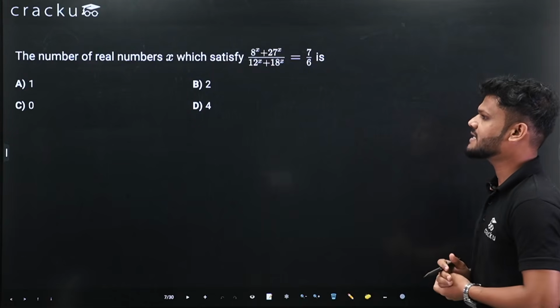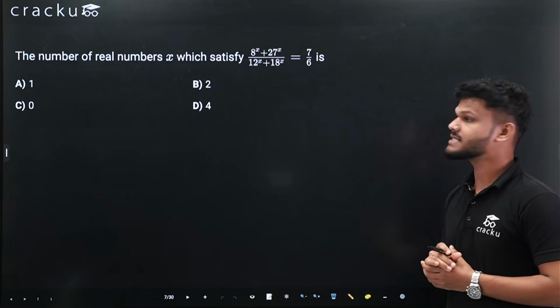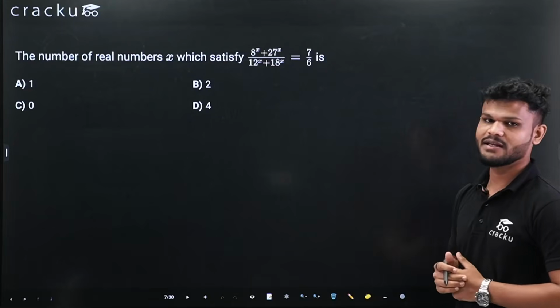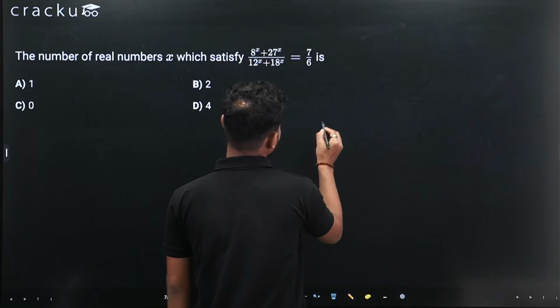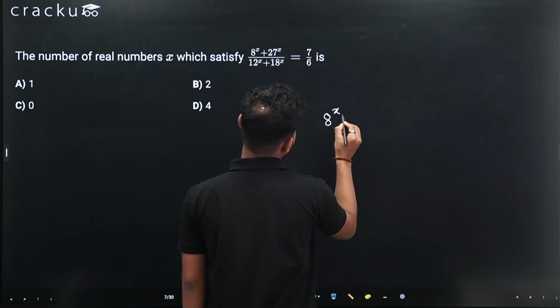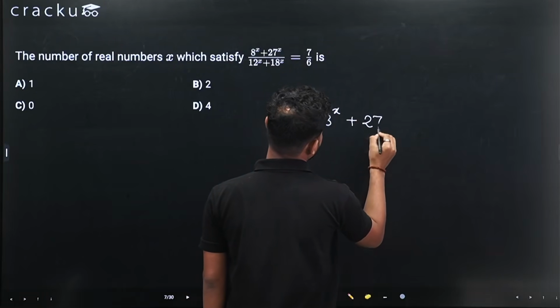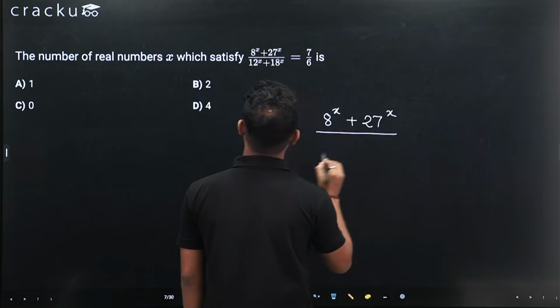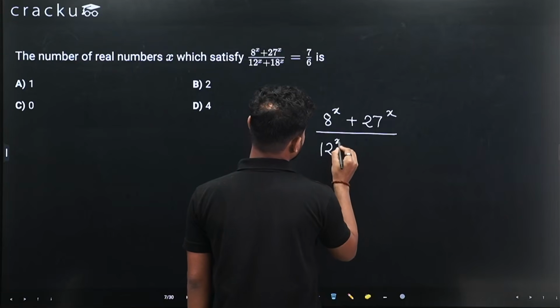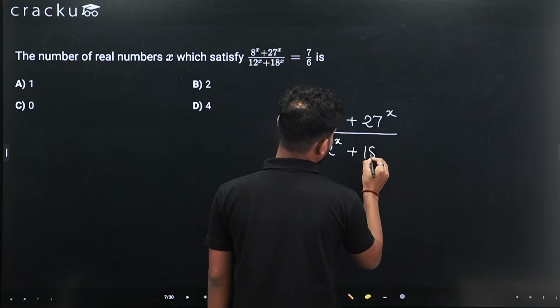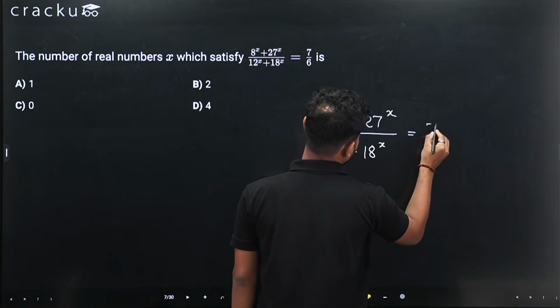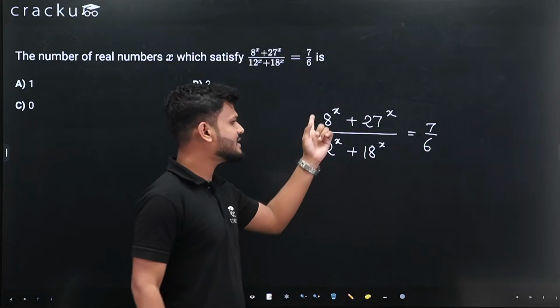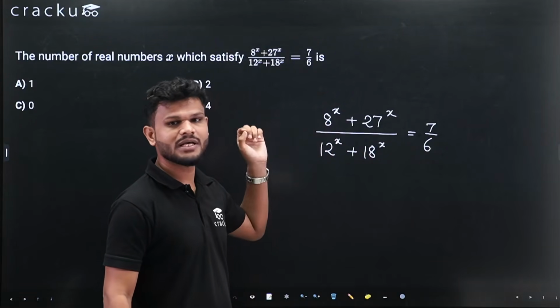In this question, we are asked the number of real numbers x which satisfy the given equation. So we are given 8 raised to x plus 27 raised to x upon 12 raised to x plus 18 raised to x is equal to 7 by 6. Now whenever this type of thing is there, convert them into their powers.